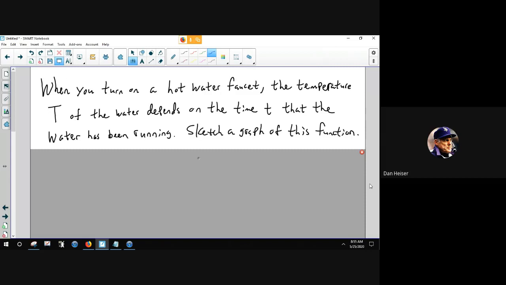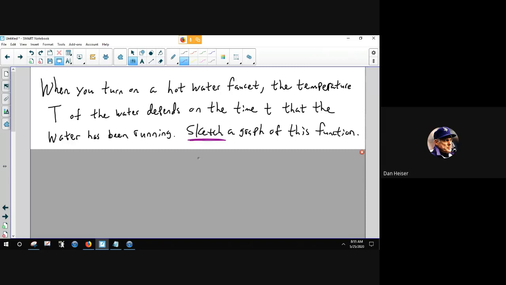We're going to sketch a graph of this function. All we have to go on is this verbal model. The temperature of water depends on time. That's our verbal model. Is that enough to sketch a graph? Absolutely. Key word here, sketch.